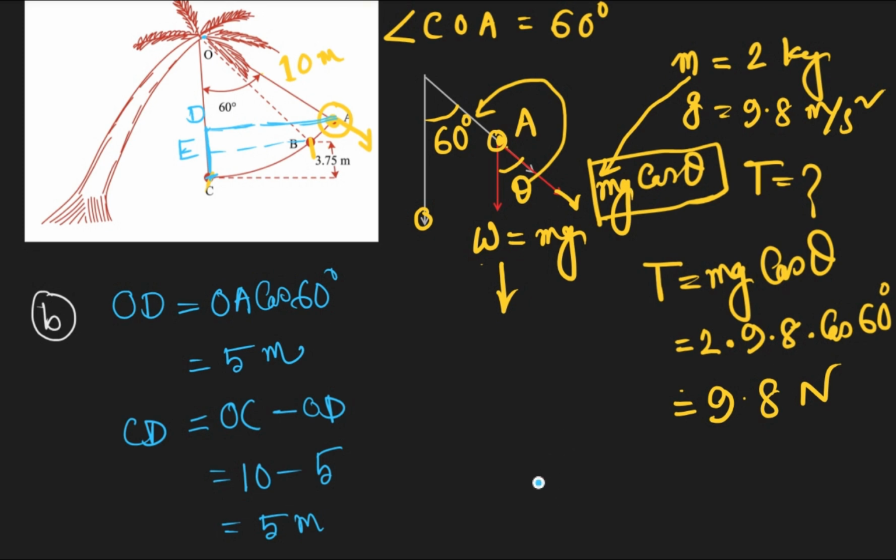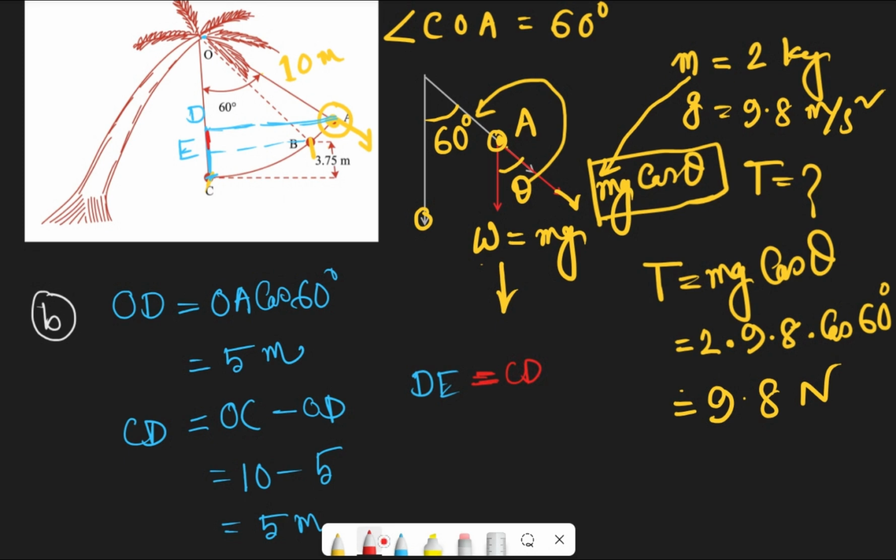Again, we have to determine the value of DE. So where is DE? DE is this much, right? To determine DE, it is CD minus CE.